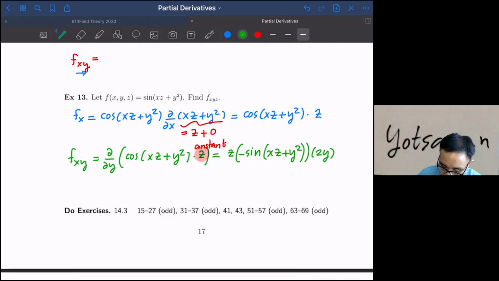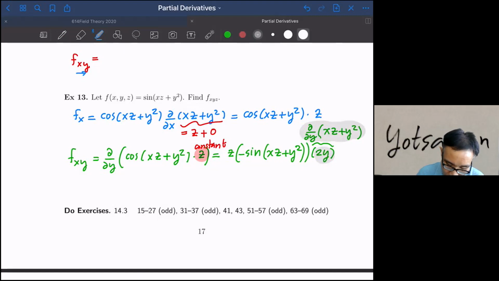This comes from the derivative in y of xz plus y squared. So that will be my second order partial derivative.